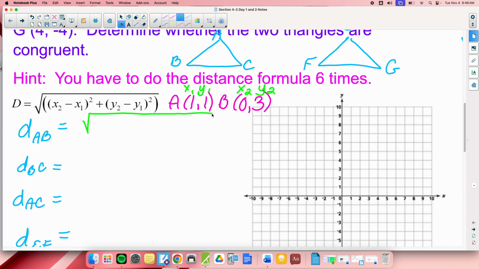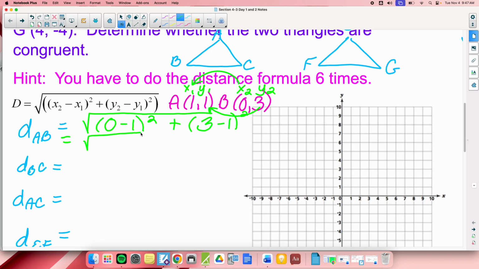Now, if you follow the formula, what you have to do is subtract your x's first, x2 minus x1. So we're going to go 0 minus 1 squared, plus, and then for y2, we'd subtract this way also: y2 minus y1, which is 3 minus 1 squared, okay?